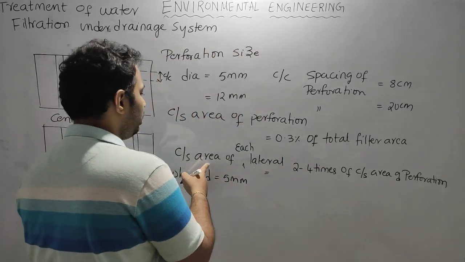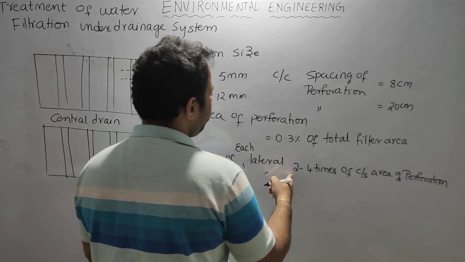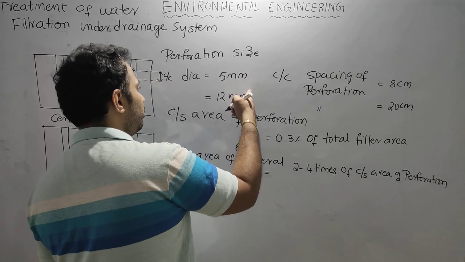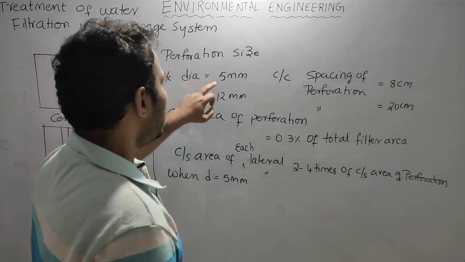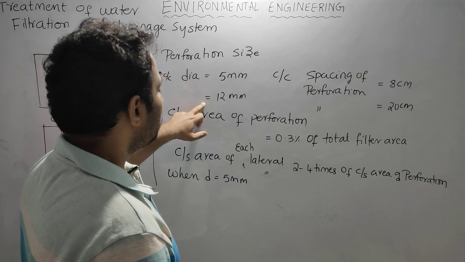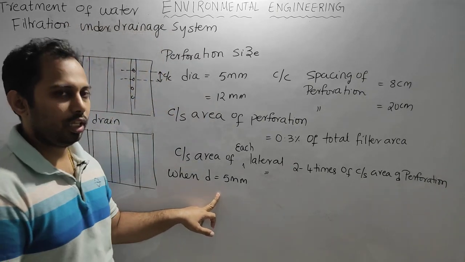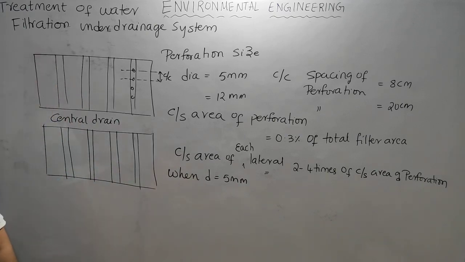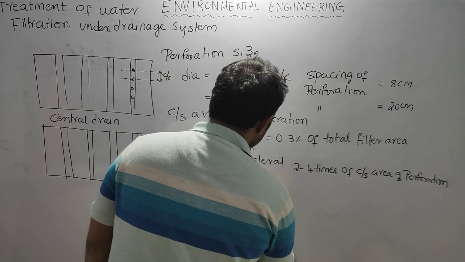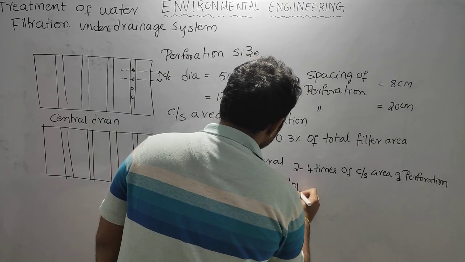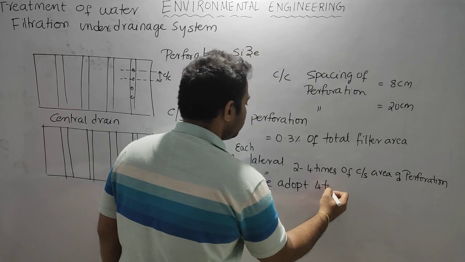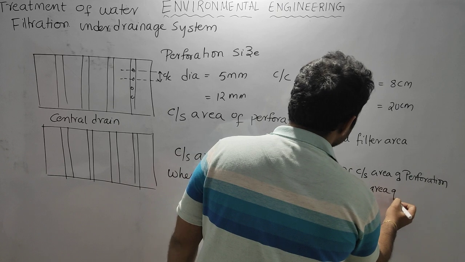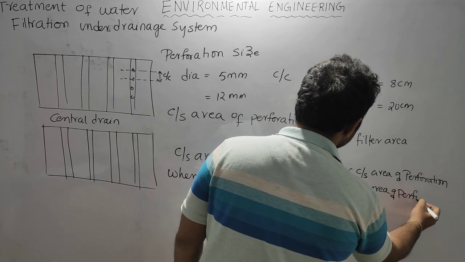Here the cross section area of each lateral is 2 to 4 times the cross section area of perforation. Again, there are two variants of perforation size. One is 5 mm, another one is 12 mm. So when it is 5 mm, we adopt 4 times the cross section area of perforation for the lateral.